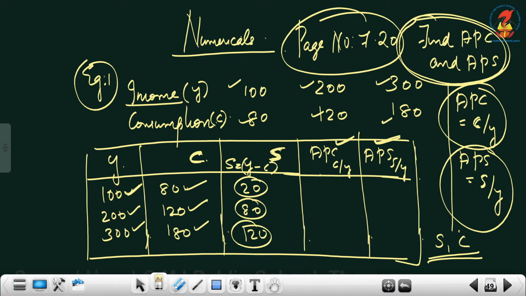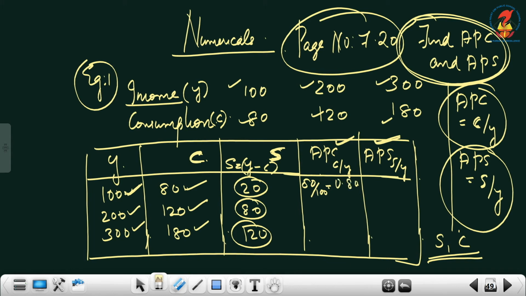Next you have to find out C by Y. How will you find out C by Y? What is C? C here is 80. What is Y? 100. So 80 by 100. What is 80 by 100? You definitely know it is 0.80.